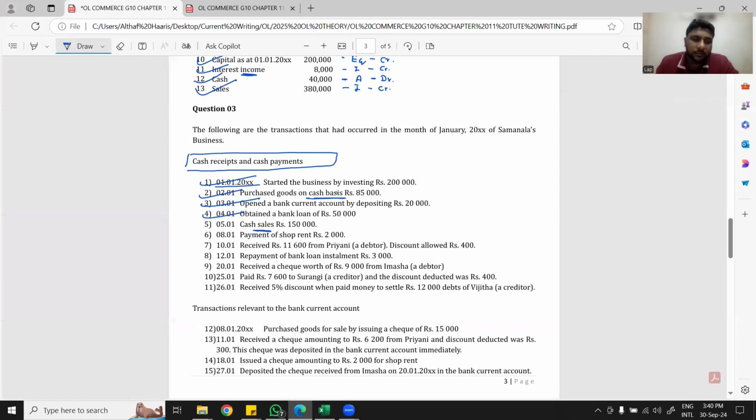Next up. Payment for the shop rent. Rent is an expense. Expenses are debit. Our cash is decreasing, asset decreases credit. So rent expense debit, cash credit.